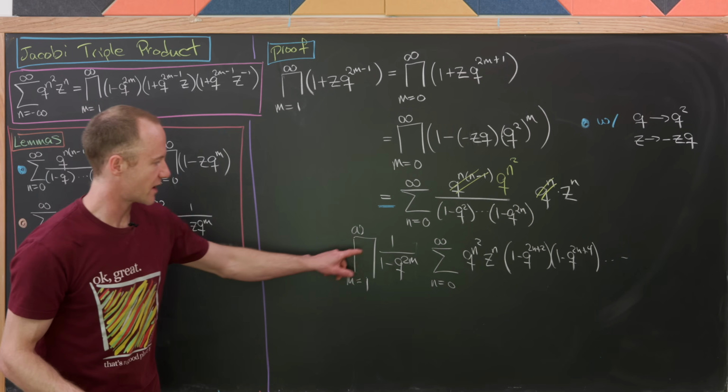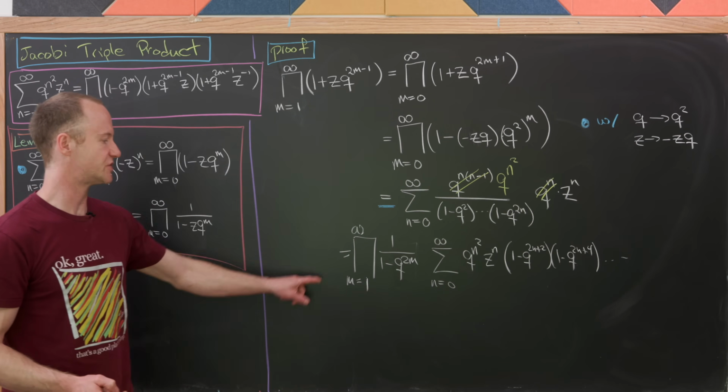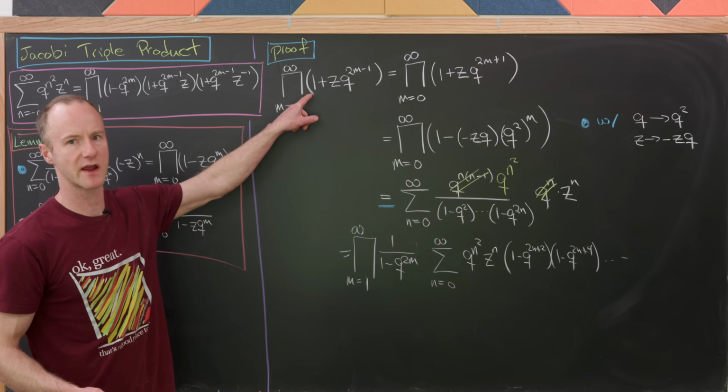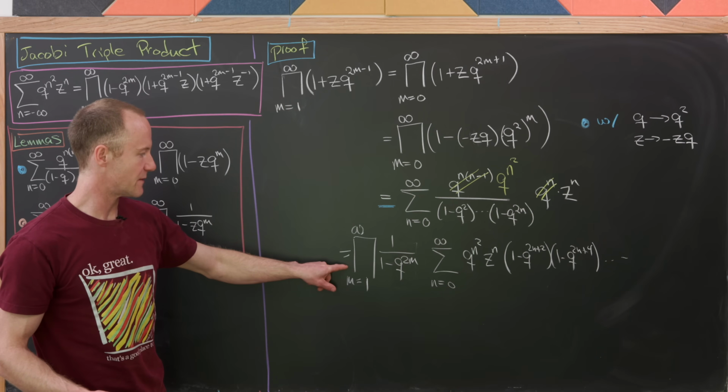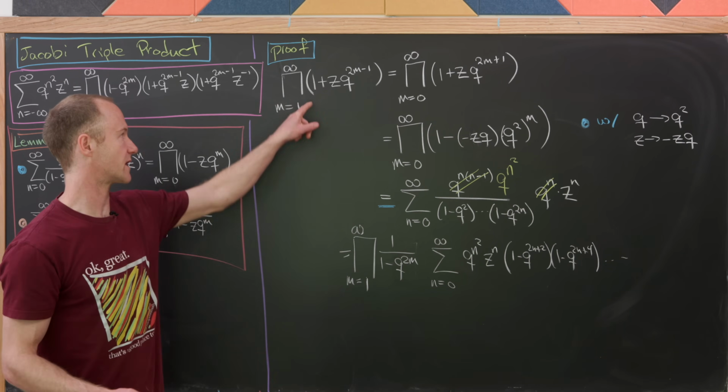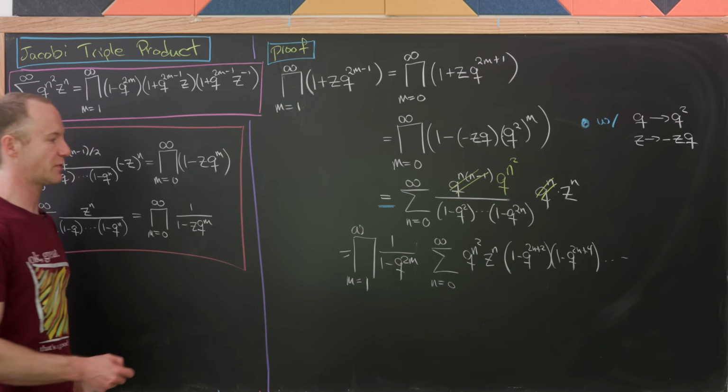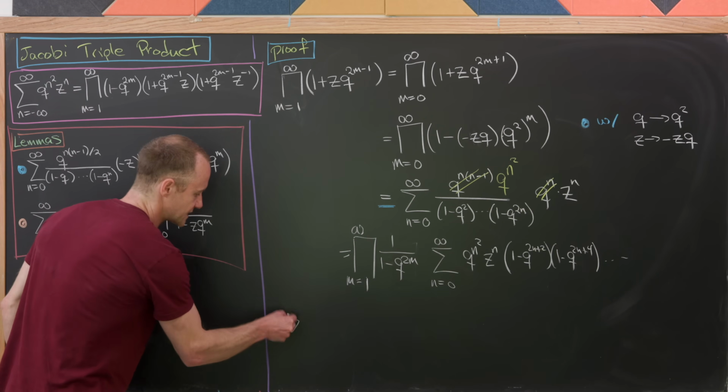Okay, well, look at what we've got here. We've got this product of our 1 over 1 minus q to the 2m term here, and we've got this term right here. Notice if I multiply both sides by the reciprocal of this product, I have two parts of my triple product identity. So let's go ahead and write that down.